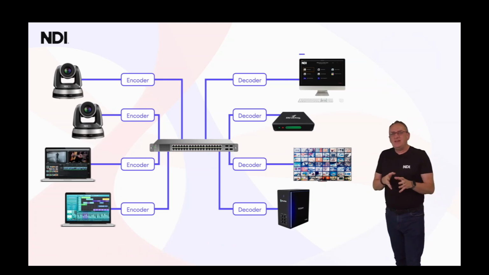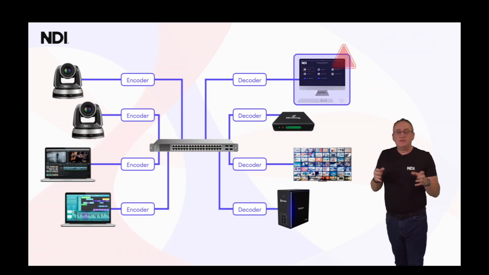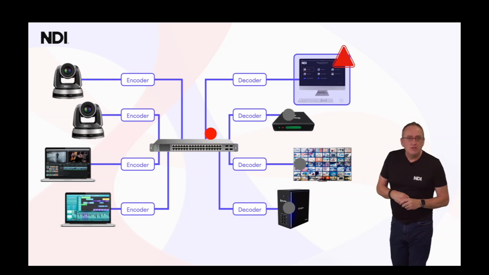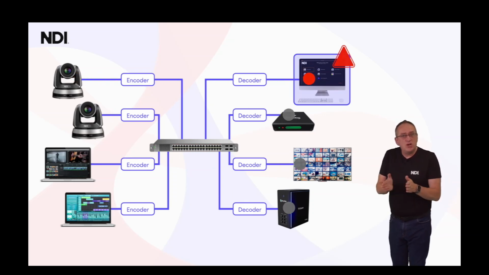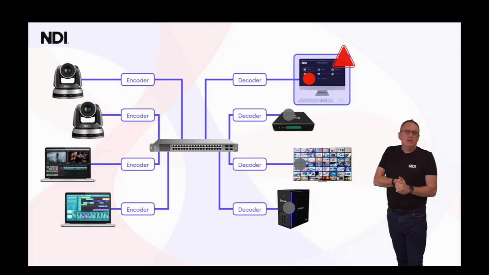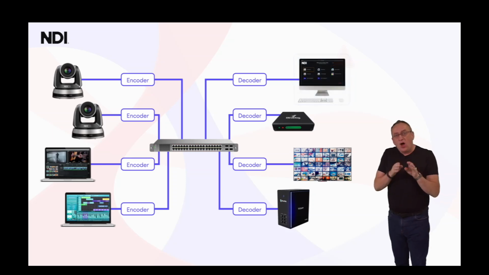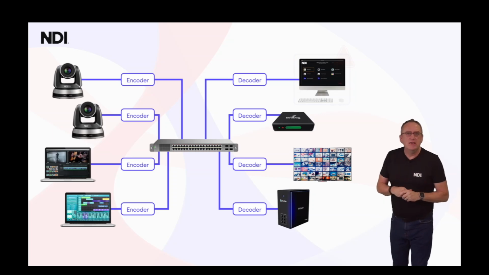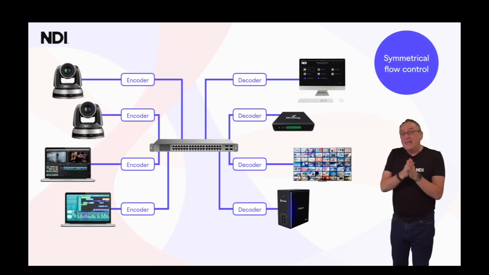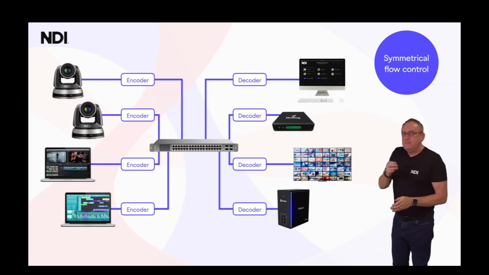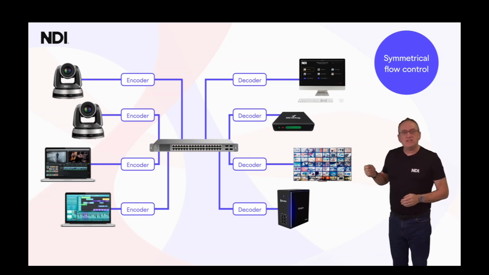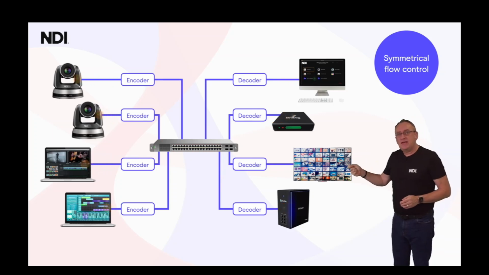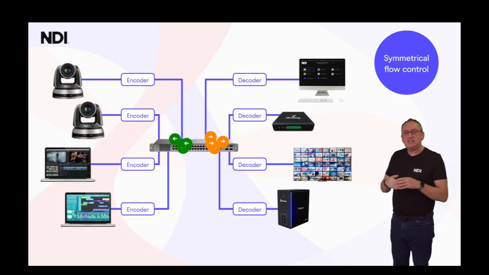When a receiving device becomes overwhelmed with data, it signals to the sender device to slow down, to ensure that data is not lost due to an overloaded buffer. For NDI, which requires high reliability and precision for bidirectional two-way communication, symmetrical flow control is preferred. This means flow control is enabled in both directions, allowing both the sender and receiver to manage data flow efficiently.